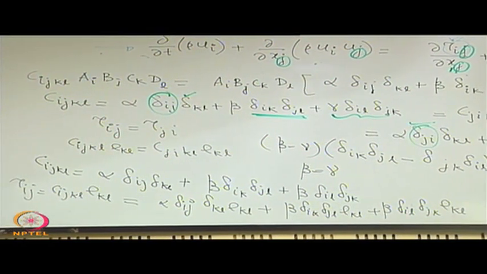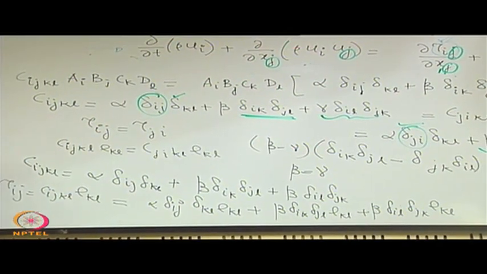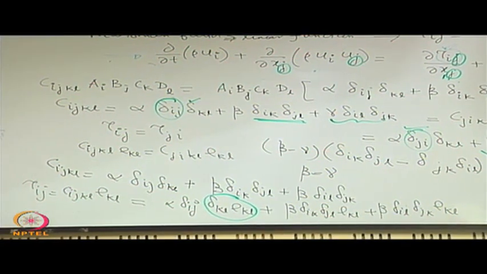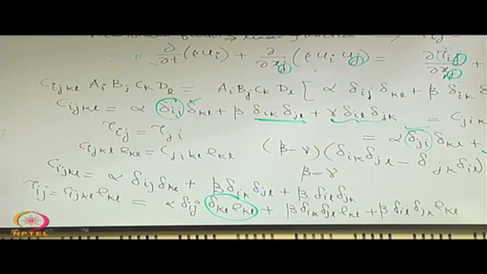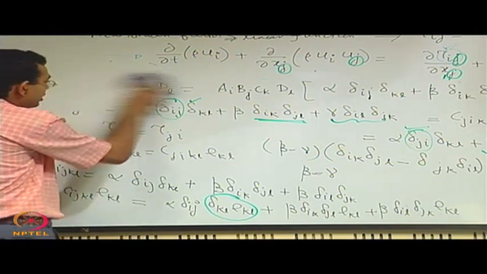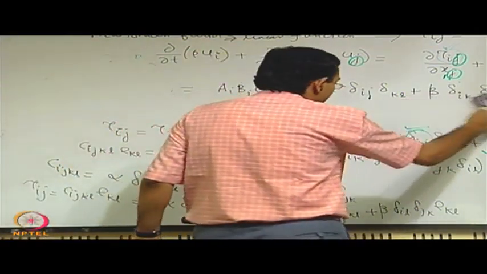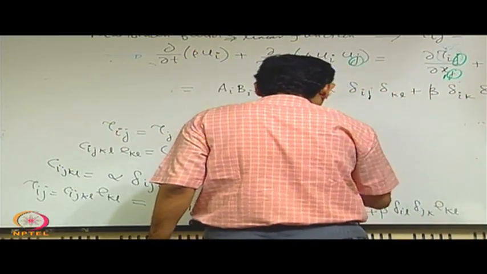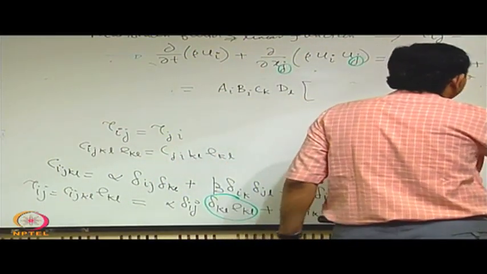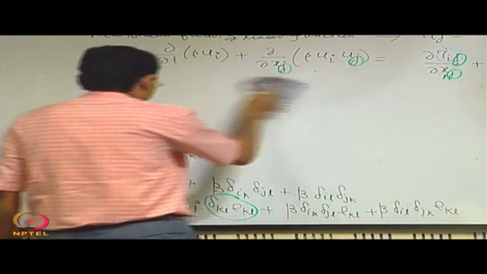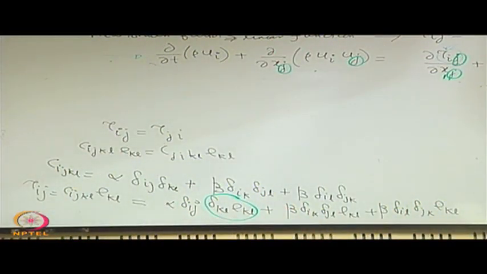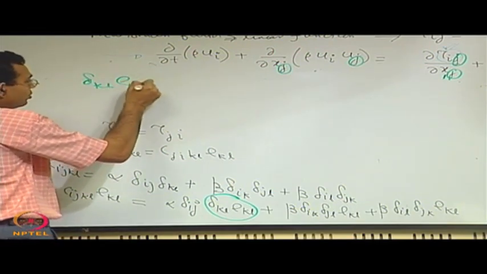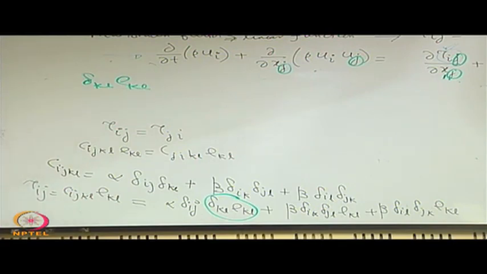Let us now simplify these terms. This simplification is easy, it is quite simple. If you consider, let us say, this term delta kl ekl, you tell what should be the corresponding simplification. Let us erase this part and we will write the simplifications here. So delta kl ekl, how do you write it?